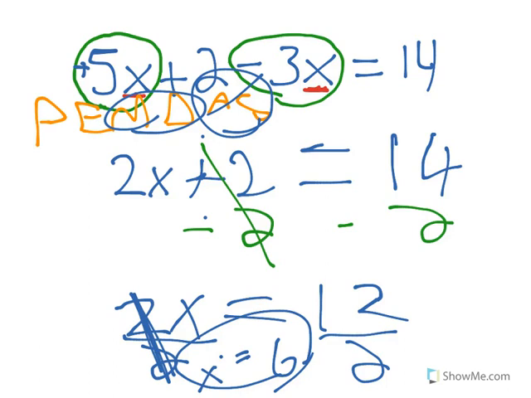Then you would minus 2, then minus 2, 2x equals 12, x divided by 2, and then 12 divided by 2, which would then have x equals 6.